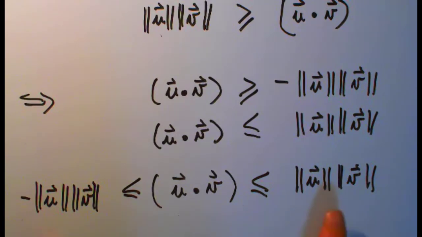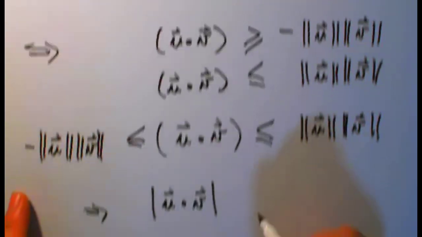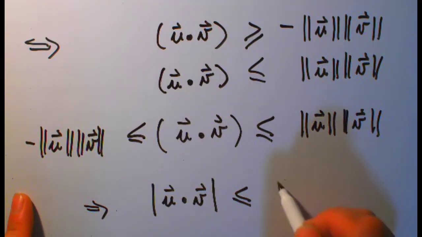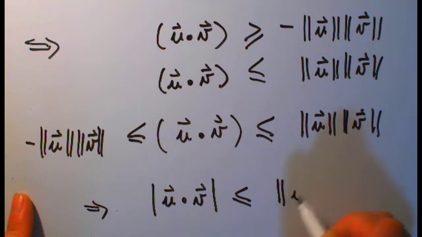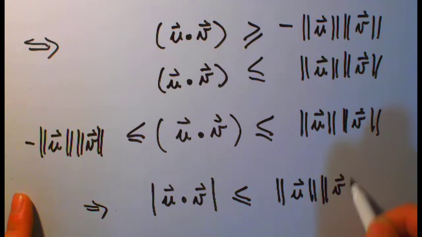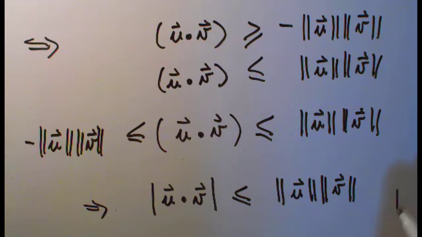And all these together, one quantity being trapped between two opposite exact values, implies that the absolute value of u dot v has to be less than or equal to length of u times length of v. And that is how we prove the inequality.